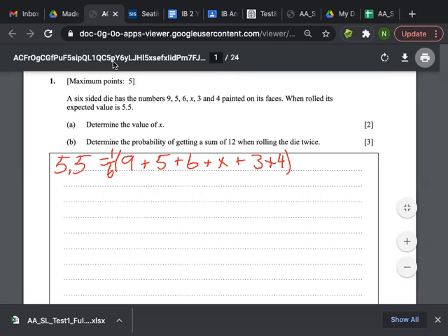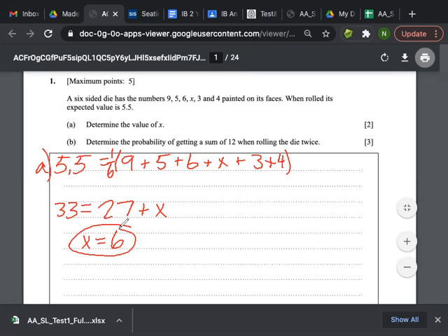So I have 33 is equal to, now I'm going to add everything together except for the x. 9 plus 5 plus 6 is 20, plus 3 plus 4 is 27. So then I get that x is equal to 6. So that's part A.